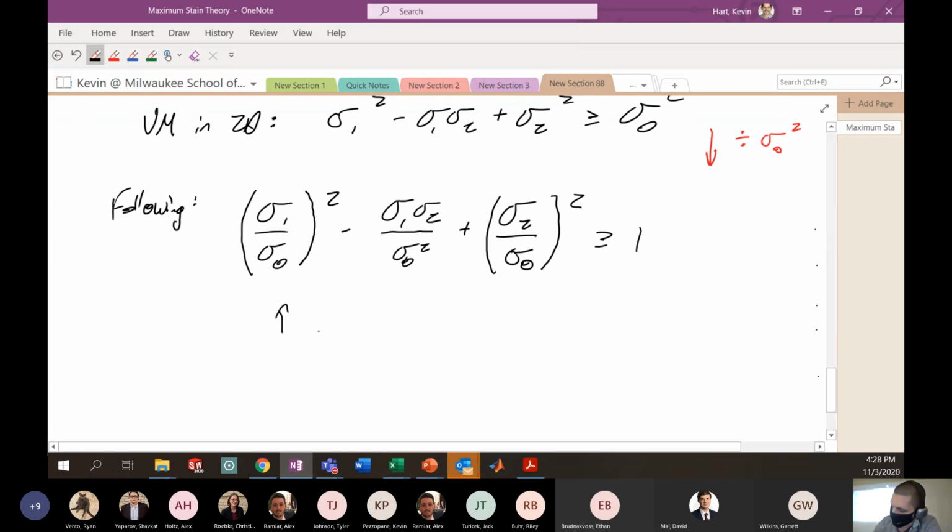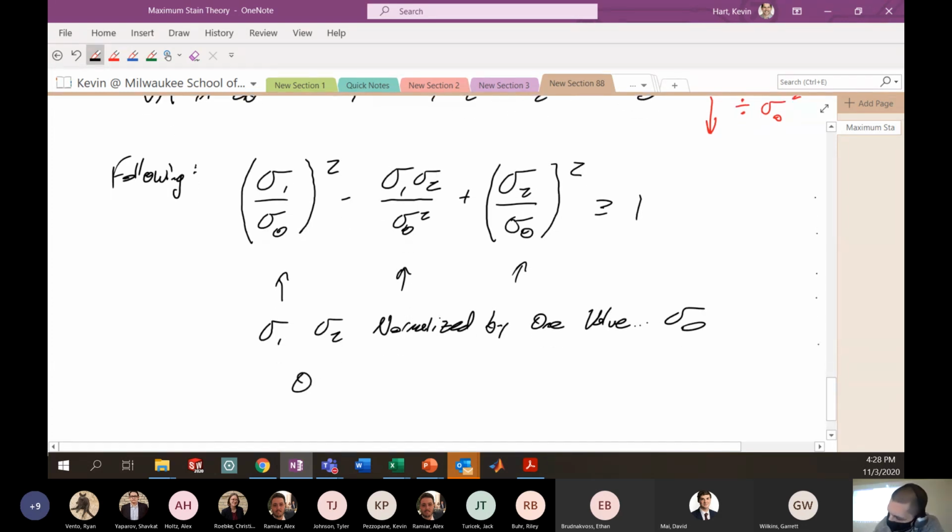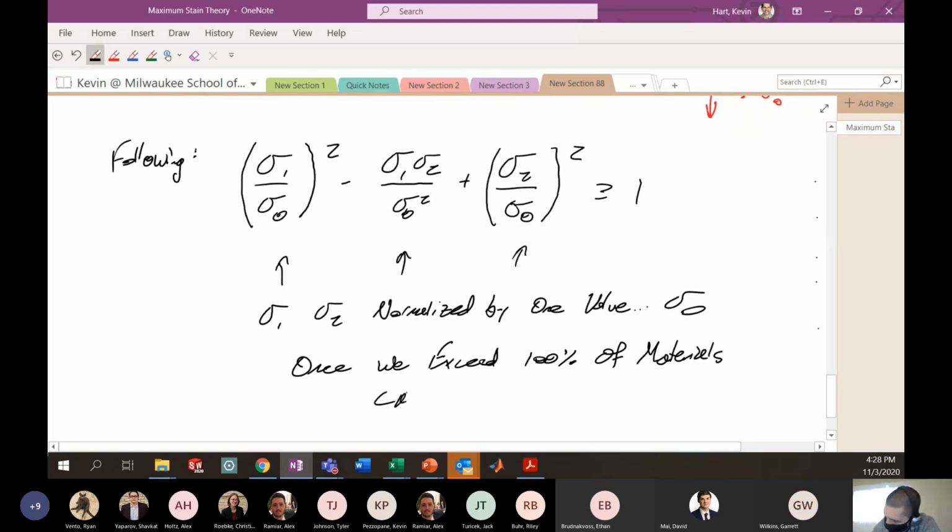So here, each one of the stresses is being normalized by the yield stress, by one value, sigma naught. And once we exceed 100% of the material's capacity, we fail.